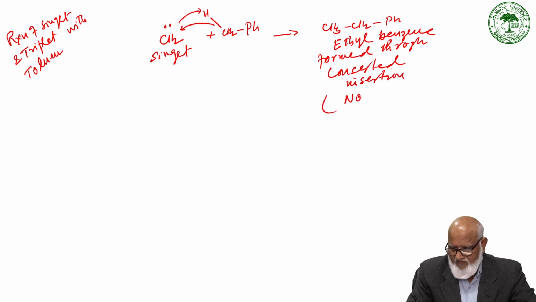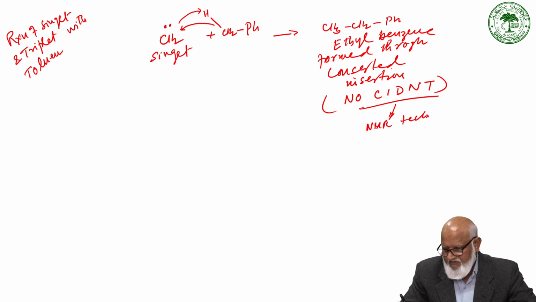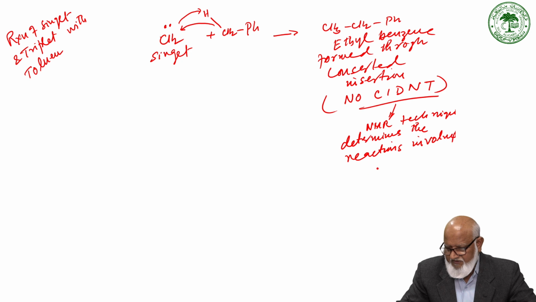And it has been found that it doesn't give CIDNP. CIDNP is an NMR technique which determines reactions involving radicals.